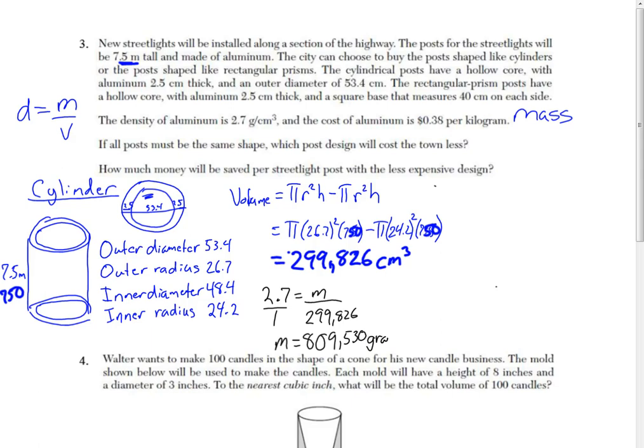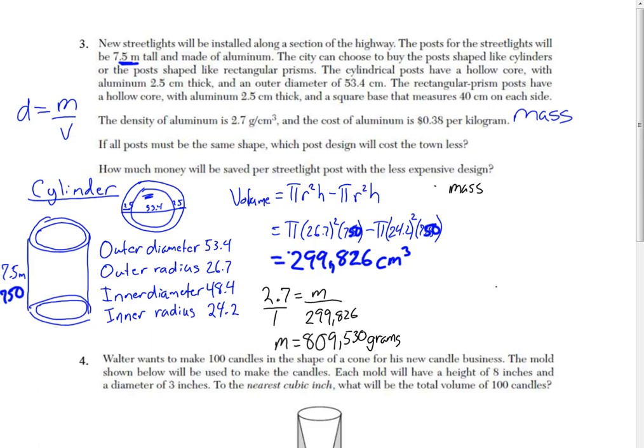Okay. Now, the price for the aluminum is per kilogram. So if I want to figure out how many kilograms there are, kilo is 1,000. So I take that number and I divide it by 1,000.